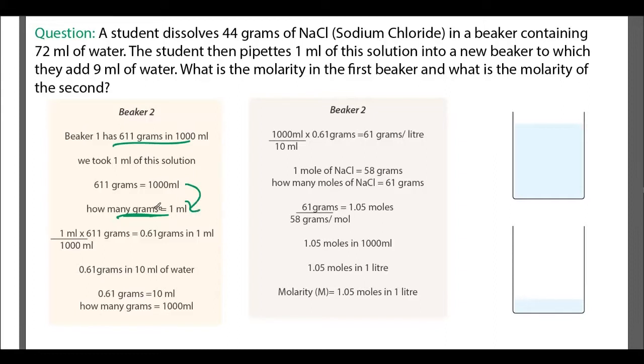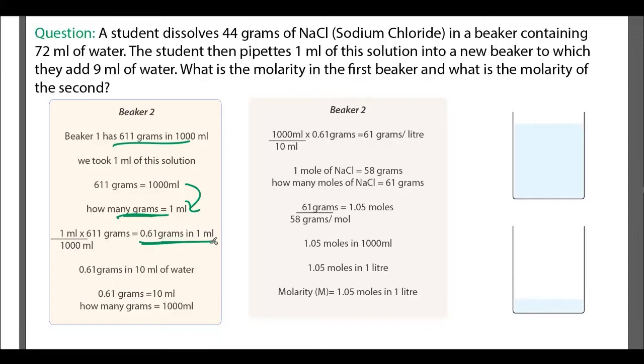So we could have divided 611 by 1000, or we could use this conversion factor here, which is 1 milliliter divided by 1000 times 611. So we know we've got 0.61 grams in 1 milliliter.